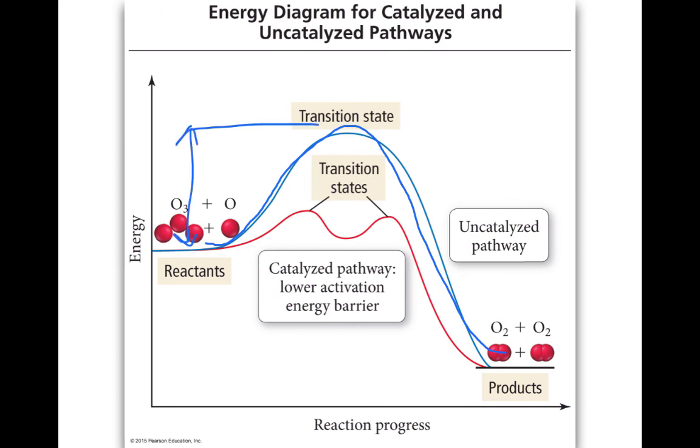But for our catalyzed pathway, we have a couple of different transition states, and that's not unusual, but you can see they're much lower in energy, and more molecules are going to have enough energy to get up and over that barrier. And so to get over that first barrier, our activation energy would just be right there. So it's in this case less than half of what we see for the uncatalyzed state. So chances are it's going to make the reaction go more than twice as fast.